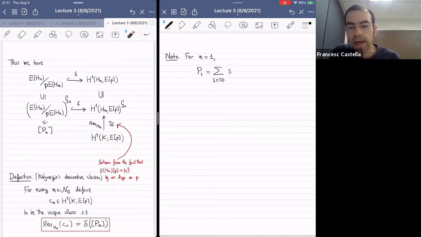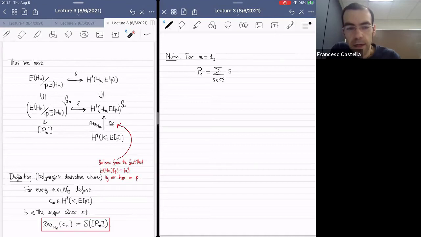So Kolyvagin's derivative operators are going to be useful because they will allow us to modify these points y sub n, so that when we look at them mod p, we land in this space fixed by the action of Galois.